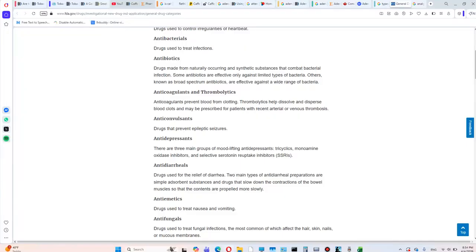Antidiarrheals, drugs used for the relief of diarrhea. Two main types of antidiarrheal preparations are simple absorbent substances and drugs that slow down the contractions of the bowel muscles so that the contents are propelled more slowly.